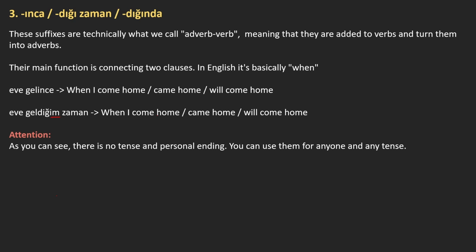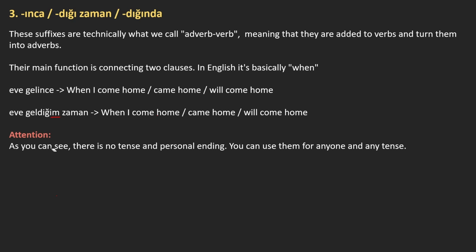And even though the part with ınca doesn't have any tense ending, the second part will always have endings, like ben eve gelince yapacağım, the acak, future tense. Ben eve gelince yaptım, tım, past tense. And dığı zaman is more or less the same.